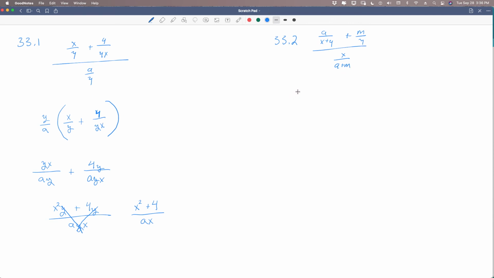So I'm going to say a plus m over x times a over x plus y plus m over y. And then I'm going to multiply a times a plus m. Remember, if you don't want to go ahead and do a squared plus ma, write it with the parentheses, which reminds you that this has to be distributed to both of those, okay?